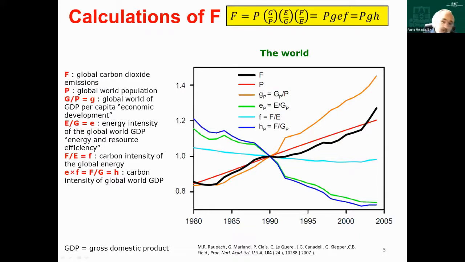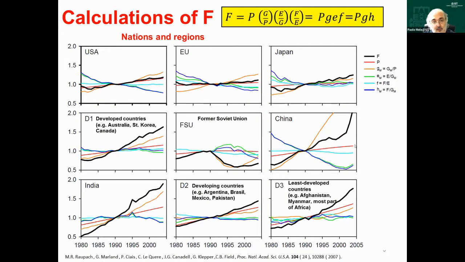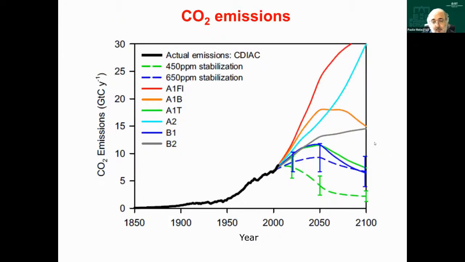And this is for the world, but we can calculate F for each nation and region. So each nation and region has different trends. And this is about CO2 emission in particular. So the black curve is actual emission, and all the other curves are extrapolations following different models.